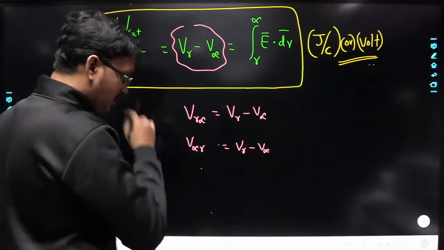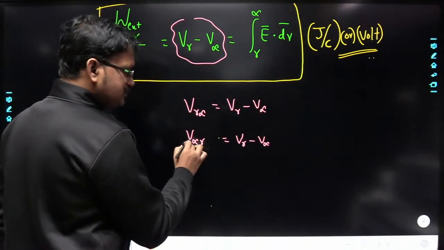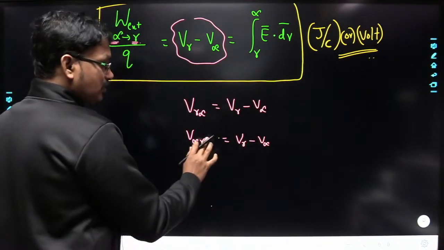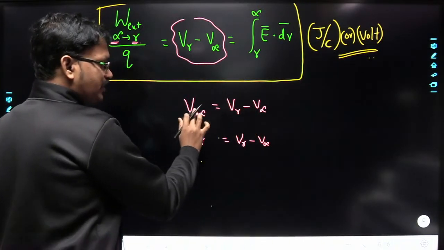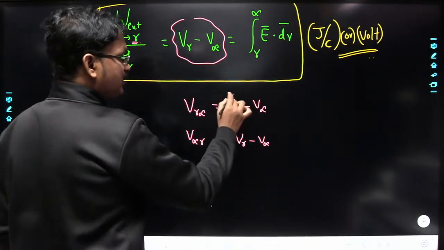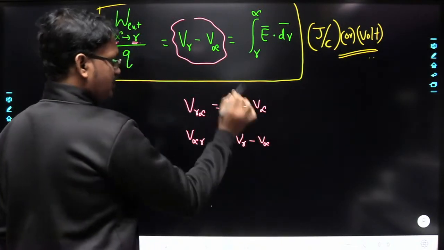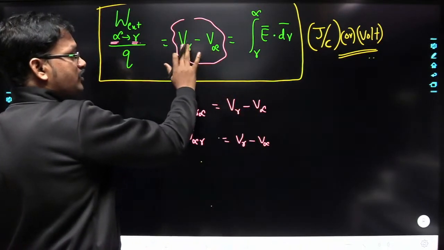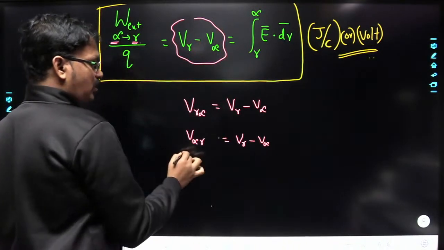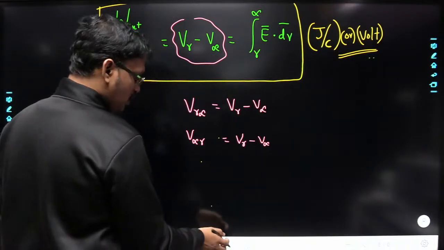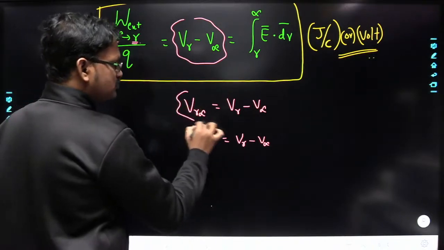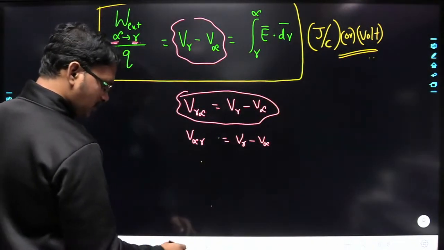Here, whichever way it is written, VR minus V infinity is what they have represented. So both are correct. The main thing is that it should not change: you have to get VR minus V infinity. You can represent it in either manner, it doesn't matter. We will follow one of these conventions. Okay.